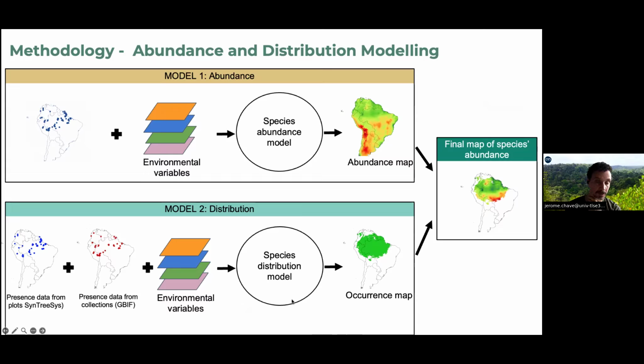And the distribution is a distinctive project. As you may know, it's not easy to translate species abundance models into species distribution models and the other way around. So it's important to have those two streams of analysis separate for the moment to finally map the species abundances.